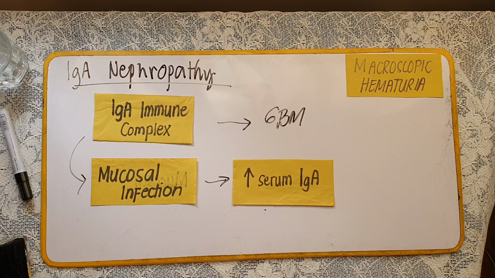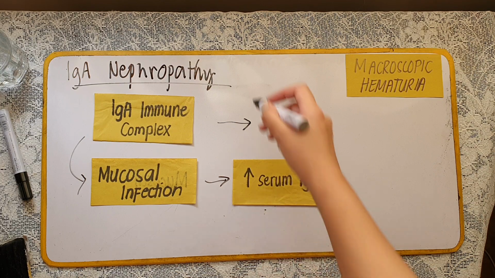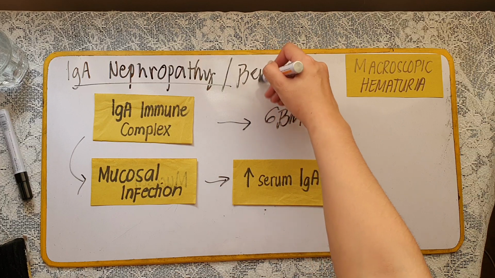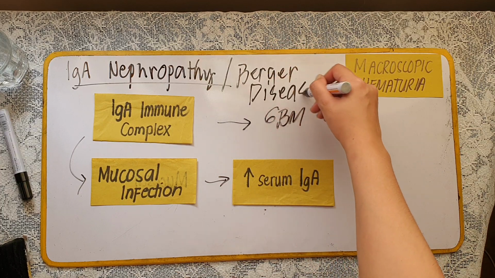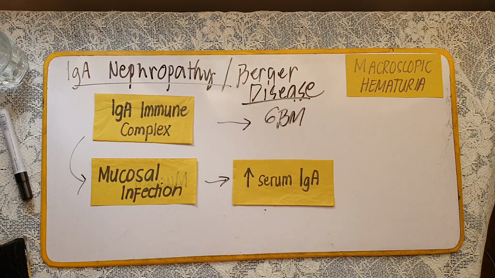IgA nephropathy is also known as Berger disease. It is very common among children and young adults. The patient usually presents with an episode of macroscopic hematuria with elevated serum IgA levels.